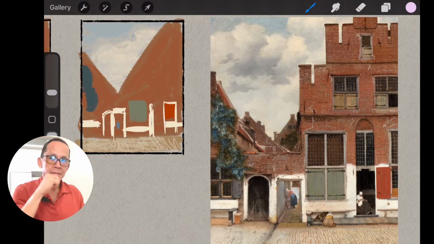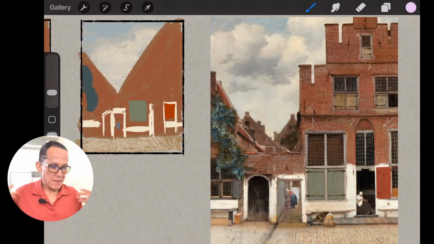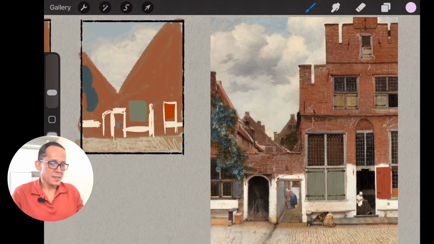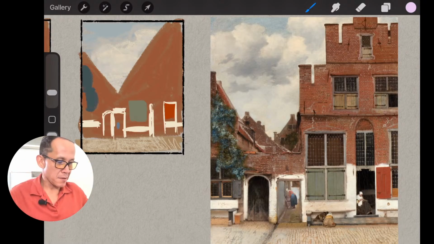I believe this painting was a painting of, I don't want to sound corny, but he loved these people. He had a lot of fond memories of this building. And he wanted to communicate that in paint and in color.